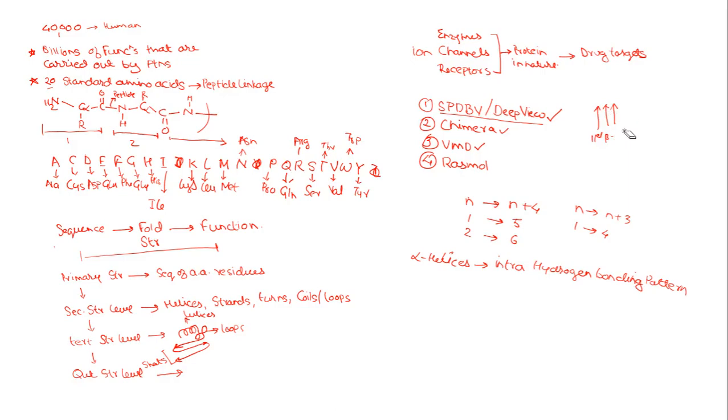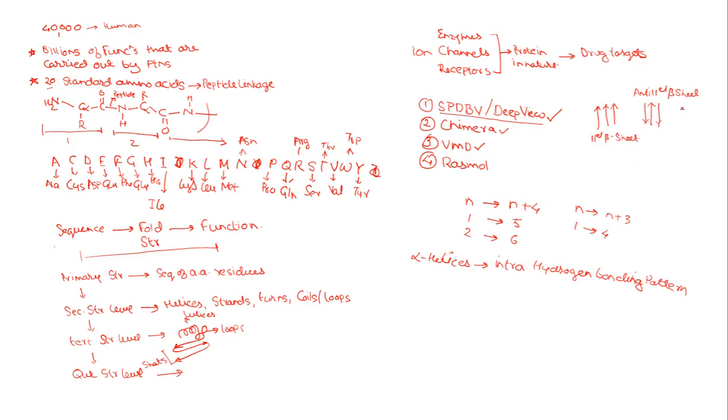You can classify this beta sheet as a parallel beta sheet. On the other hand, if the directionality of strands in your beta sheet is alternating, you can call it an anti-parallel beta sheet.